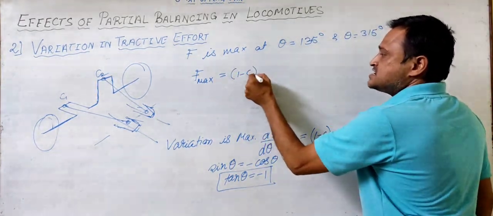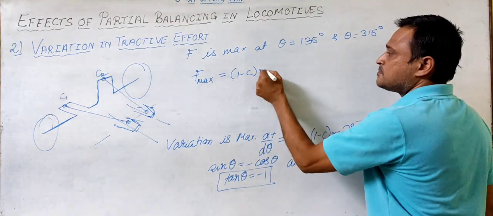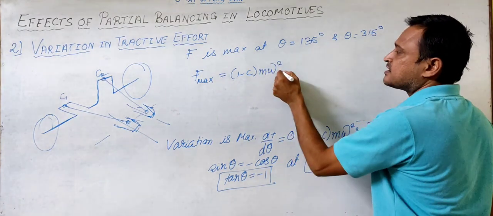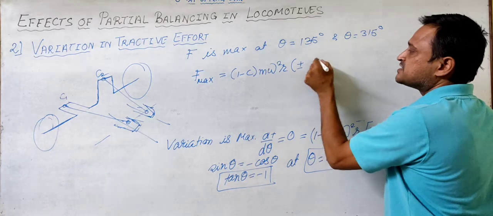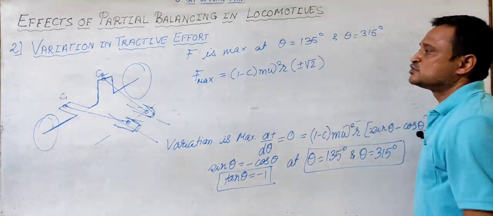So when we put this value, we will get this as (1 minus C) m omega square r times plus minus root 2.